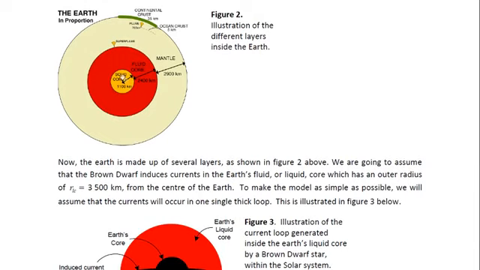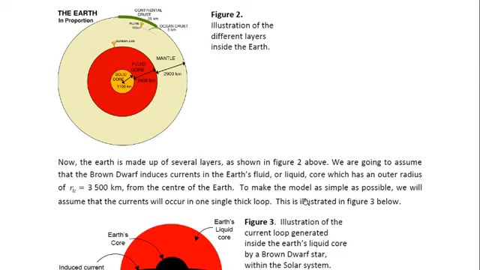Now, the Earth's fluid core or liquid core has a radius, from the center of the Earth, of 3,500 kilometers. So we set RLC, where LC stands for liquid core, to 3,500 kilometers from the center of the Earth.